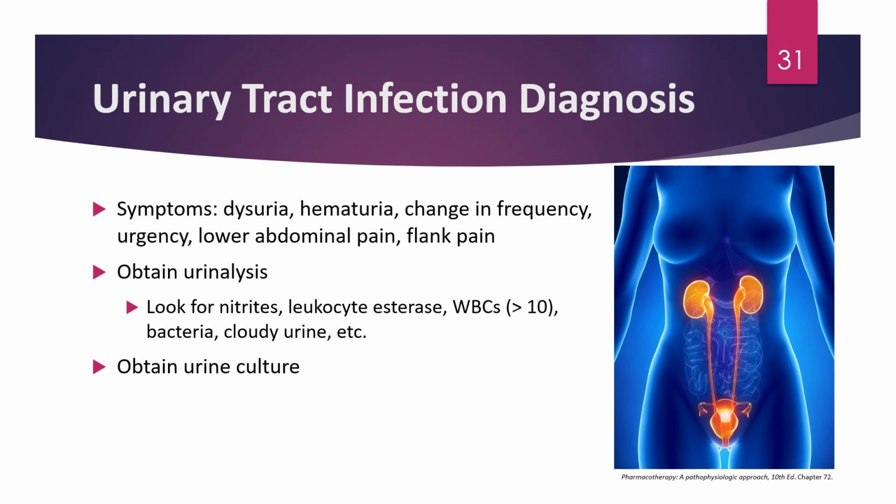Things on the urinalysis that might be infection related include positive nitrites, a positive leukocyte esterase, a white blood cell count in the urine greater than 10, actually seeing bacteria or maybe even fungus or yeast in the urine, cloudy urine, and other things. And if we do see nasty things on the urinalysis, they will definitely obtain a urine culture.